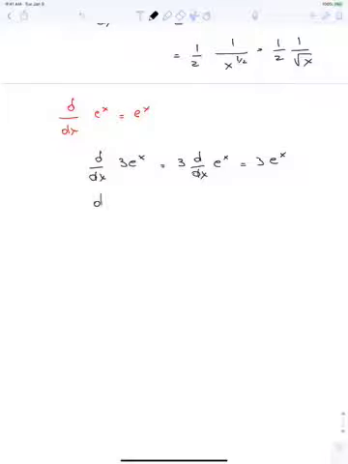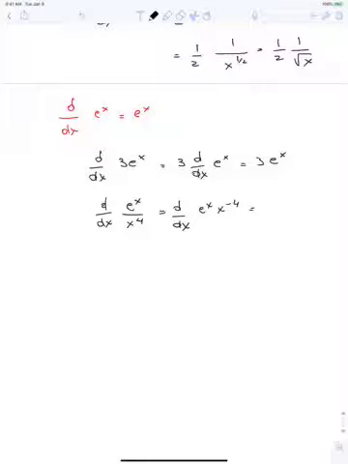If we have the derivative of e power x divided by x power 4, well, here you have two options. You could use the quotient, or you could do the product, rewriting this one as the derivative of e power x times x power minus 4.